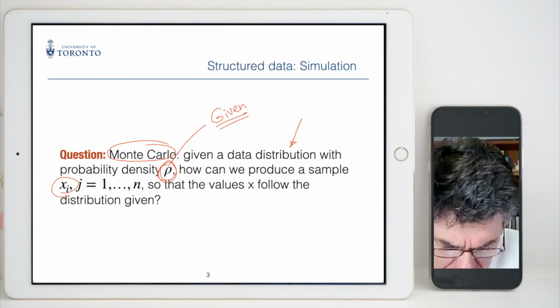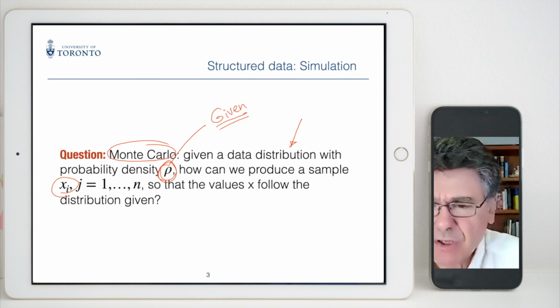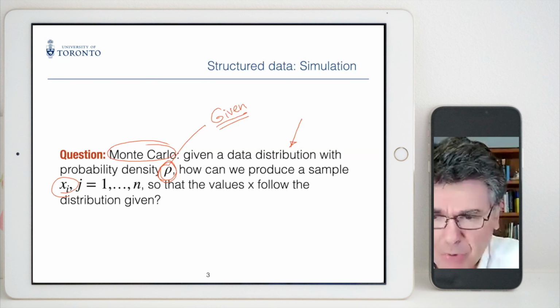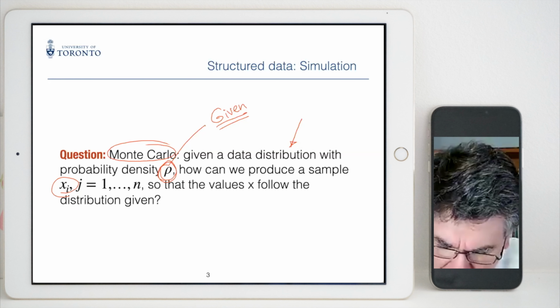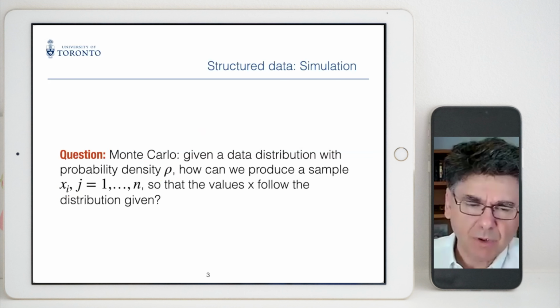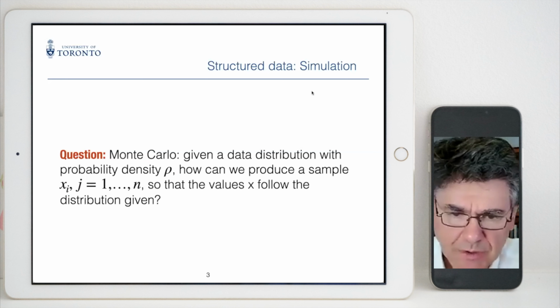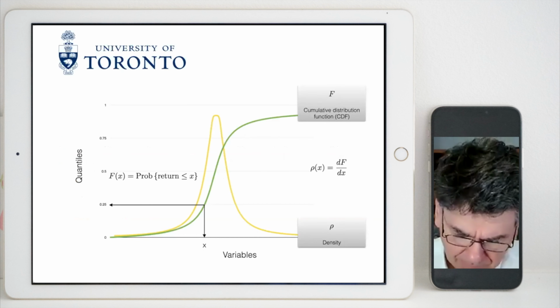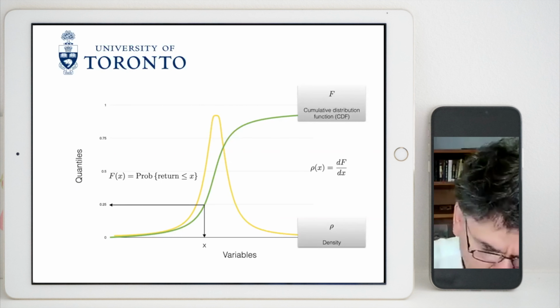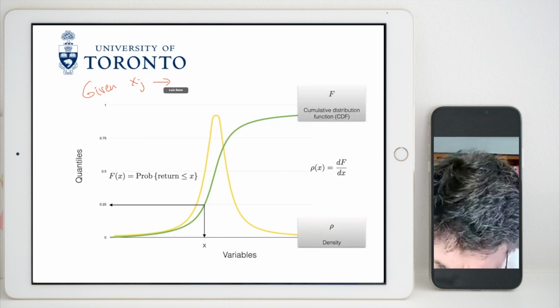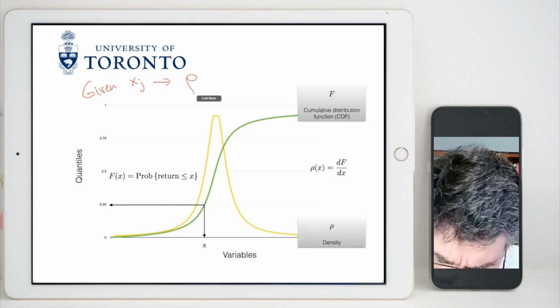So here's my question. If I give you a distribution, how can you come up with a sample? This is interesting because in the past, what we have been doing is the opposite. In the past, given some history, we produce rho.